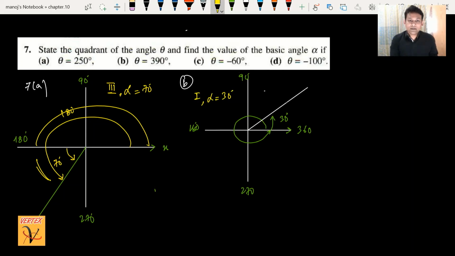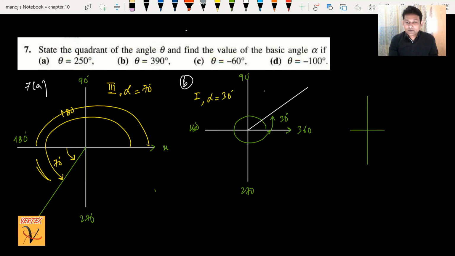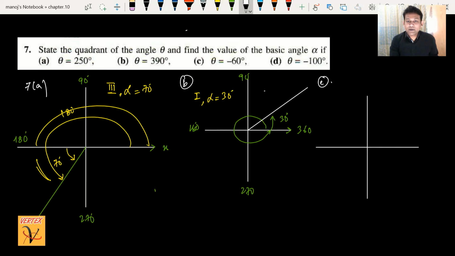Okay, what about the negative one? I'm doing part C here. In part C, it is minus 60 degrees. This is the general angle, and from the positive x-axis, negative means I have to move clockwise. When I move clockwise, this is minus 90 degrees, then minus 180 degrees. Minus 60 is here, and this is the line.